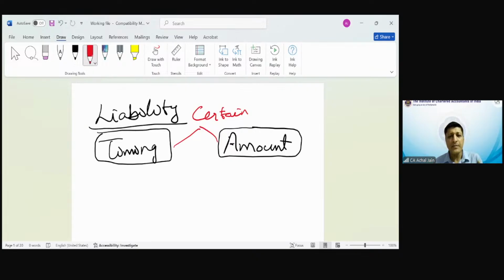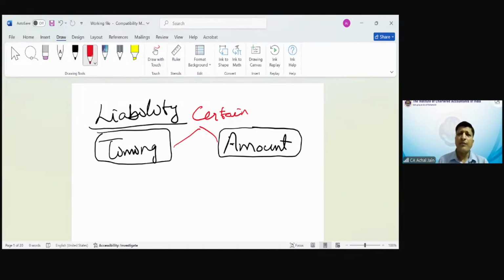We are sure about the timing, we are sure about the amount. But if let's suppose we are not certain about the timing, so we may know that some amount has to be paid, but when is that amount required to be paid? Or we may know that the amount has to be paid on a particular date, but we are not certain in terms of the amount to be paid.